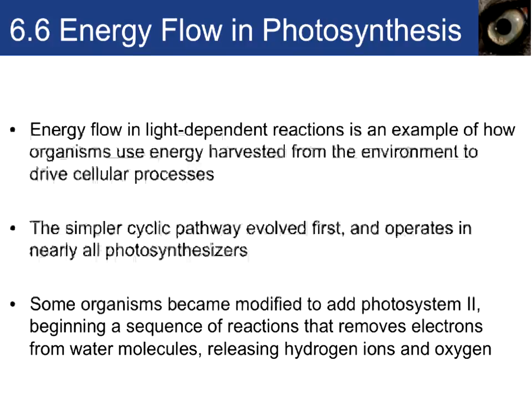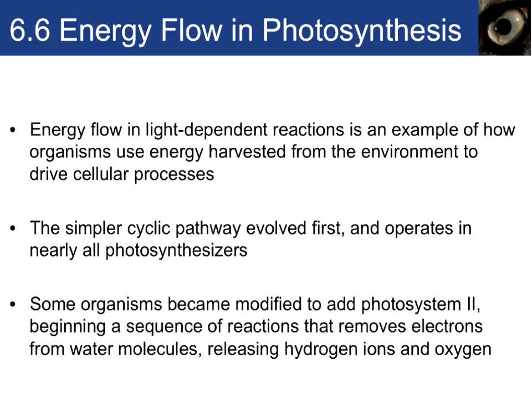So energy flow in light-dependent reactions is an example of how organisms use energy harvested from the environment to drive cellular processes. So the simpler cyclic pathway evolved first, and so this operates in nearly all photosynthesizers. Some organisms, though, became modified to add photosystem 2.